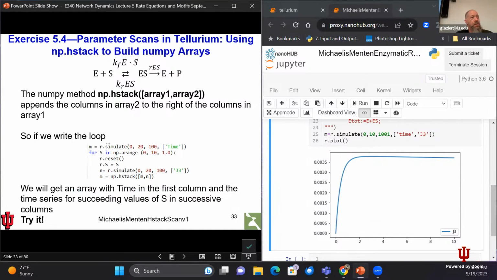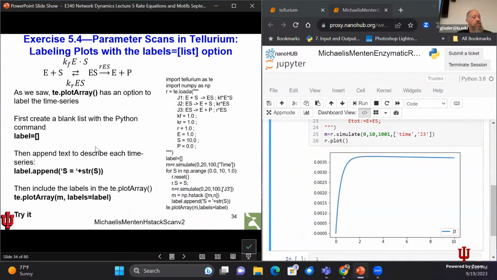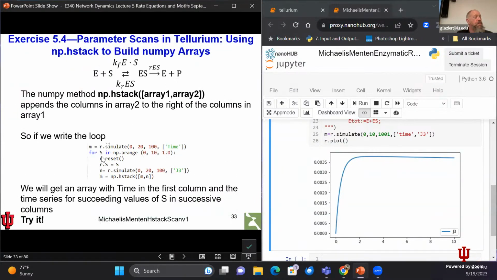And so now let's actually write a little loop that will do this. The first thing I'm going to do is create an array M, which just has my times, my column of times. And in this case, I decided I'm going to change the amount of substrate that I have.